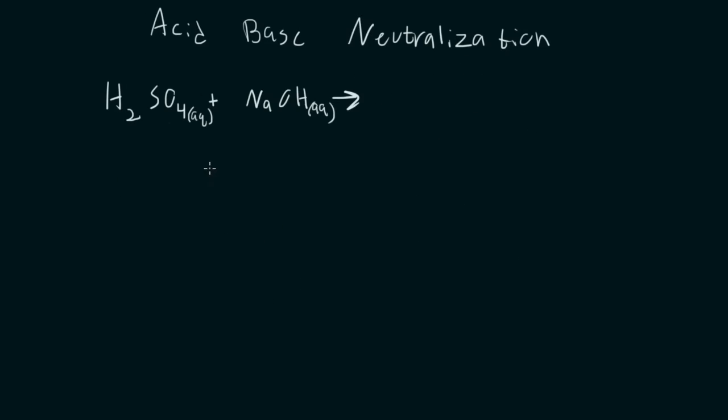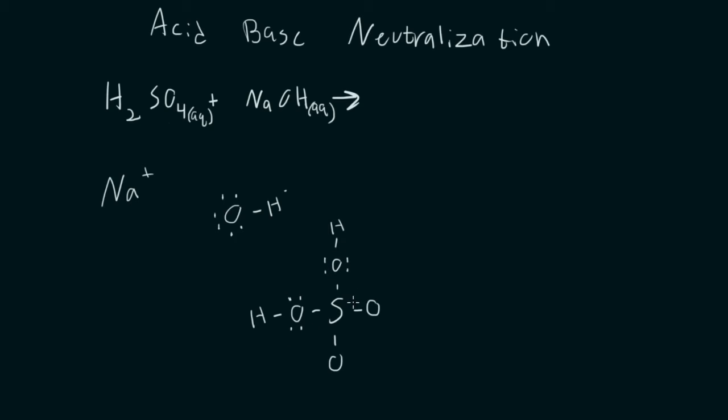Let's look at one that's a little more complex, one that's actually going to require some balancing. If we draw our mechanism here, we're going to have an Na+, just like we always do. This ionizes in solution, so it's going to be broken up into Na+ and hydroxide. And then we're going to have the H2SO4. Let's take some time to draw that out. So we can see my hydroxide here.